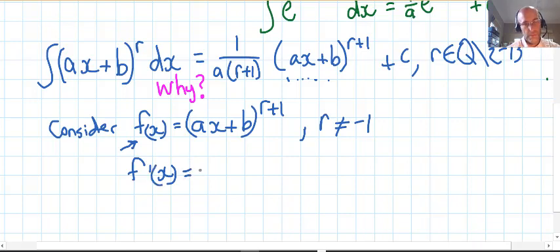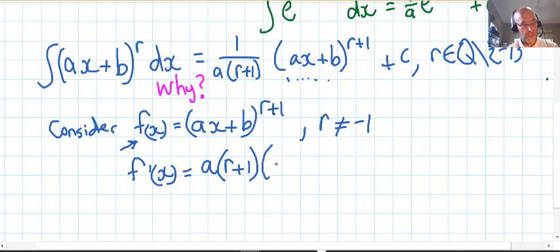We take the derivative of the inner function, ax plus b with regard to x, and that's a, and then we take the old power and multiply it on the front as a coefficient with the a, and then we take the inner function raised to the power one less.